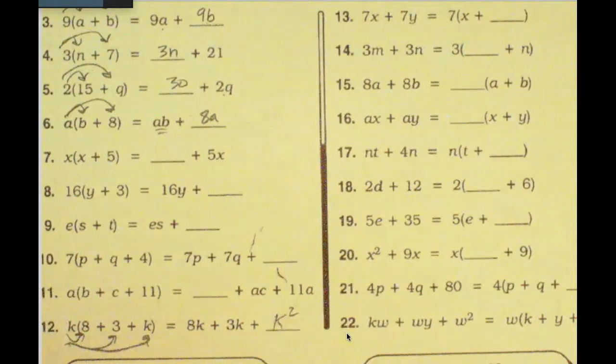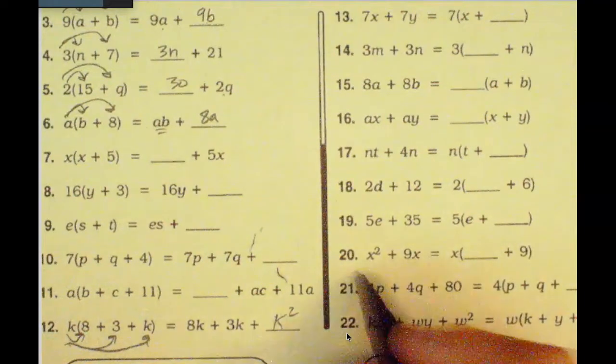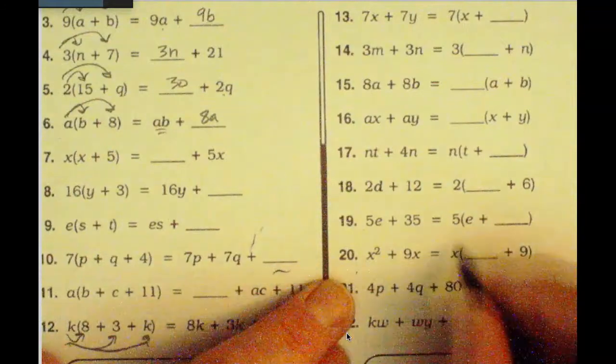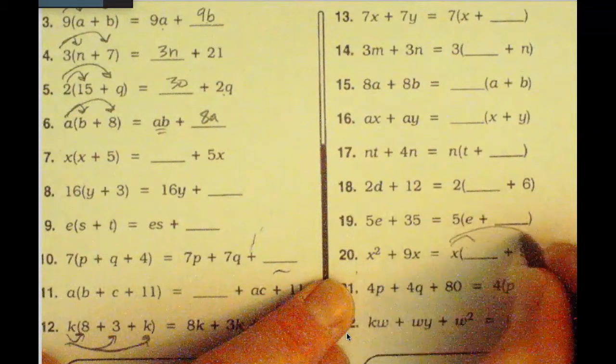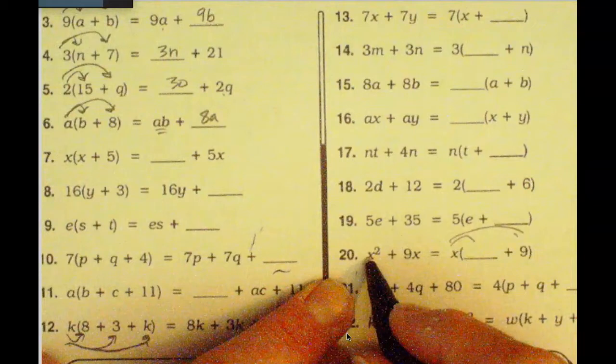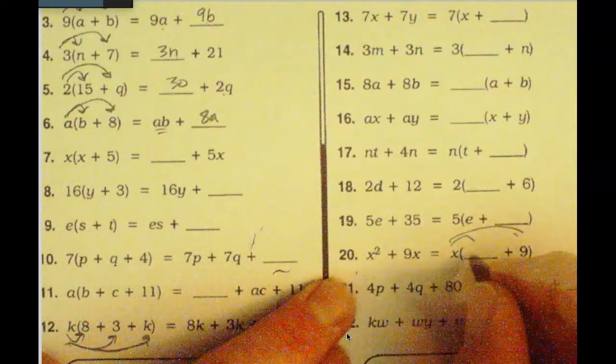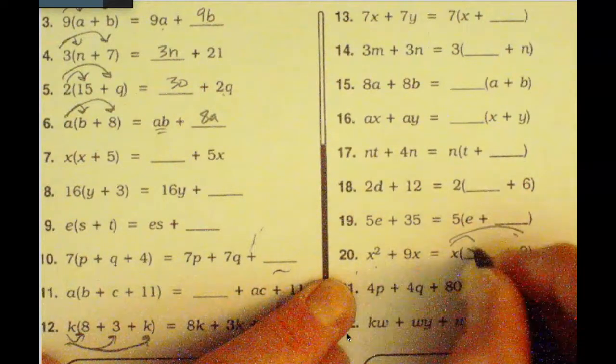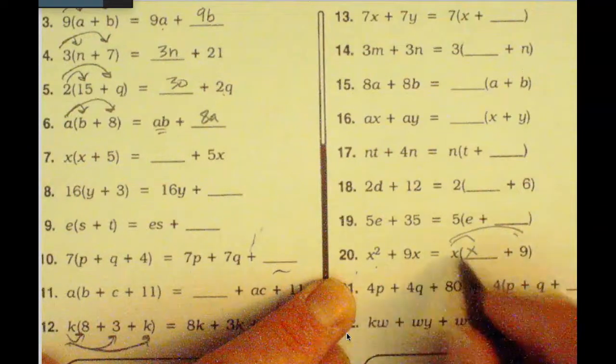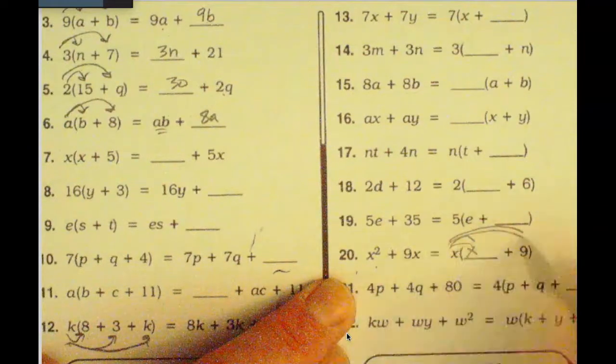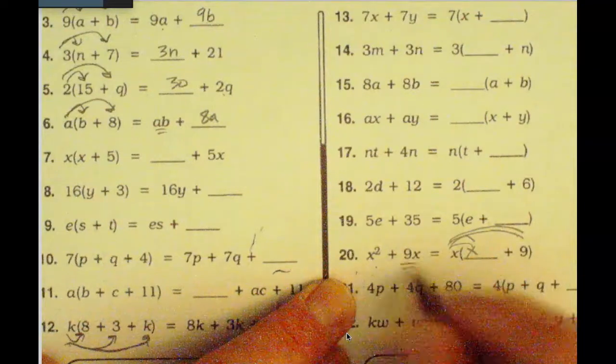All right, let's take a look at another one that gets a little bit hairy here. Number 20. I'm going to put my arrows in because that really helps me. To get x squared here, I'm going to have to make this x. So here's my x squared. X times 9, there's my 9x.